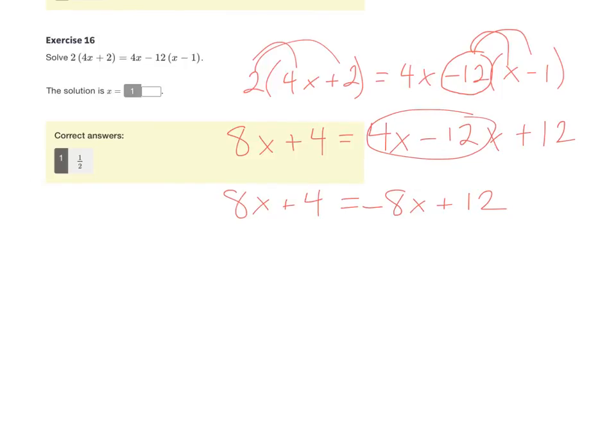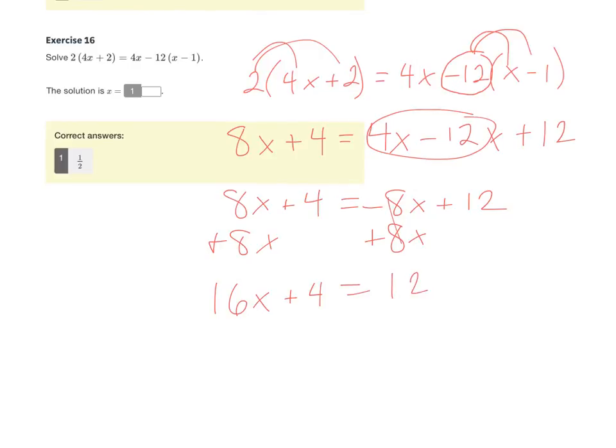So now my options are minus 8x from both sides or add 8x to both sides. And if I add 8x, it's going to leave it positive. So I'm going to go plus 8x, plus 8x. 16x plus 4 is equal to 12.